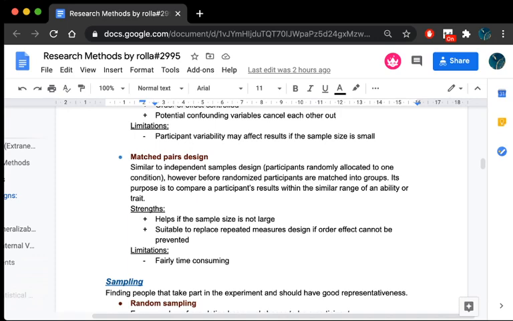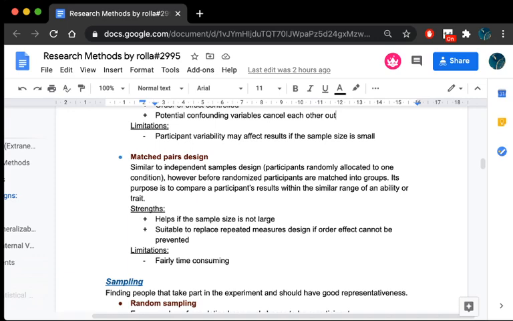Before they do the experiment on you, they start grouping you by your age first, in age intervals. So maybe 20 till 25, 25 till 30, etc. And after you're grouped like that, in each of the groups, you get randomly allocated to the conditions they have in the experiment.